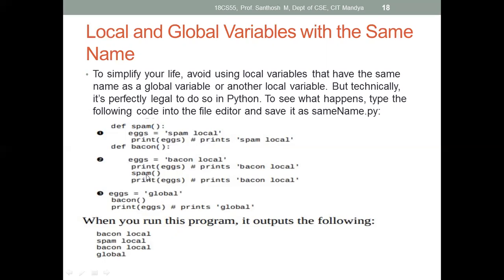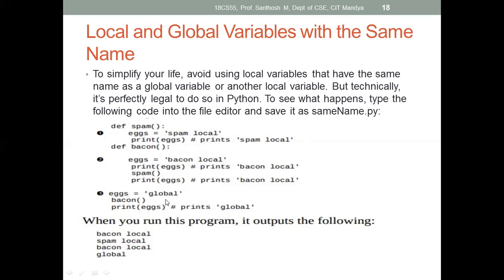After that, if you call spam and then print x, again it will print bacon local. After you call spam, this function will get executed, but this x value does not come to this function, because this x and this x are both local variables. Again, if you call print x, it will print bacon local.